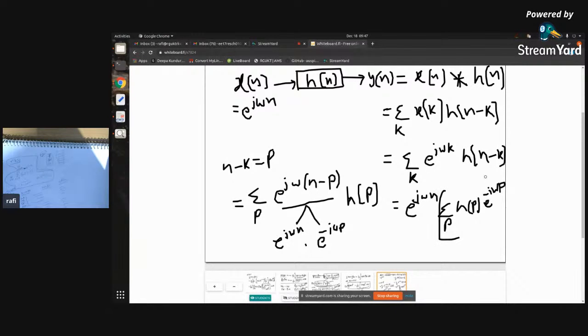What is this? This is like the summation over n of h of n e power minus j omega n. This is nothing but the DTFT of h of n, where here p is in the place of n. So this is nothing but H of omega, the DTFT of h of n.